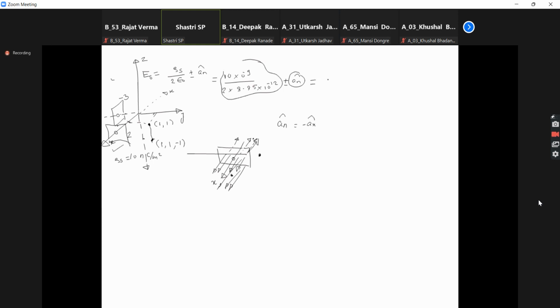Can you simplify this for me? 5 divided by 8.85 into 1000. So 44.25 into 10 raised to 3.